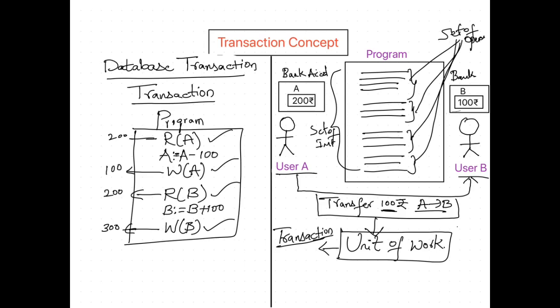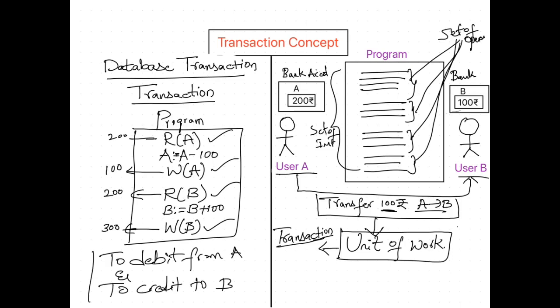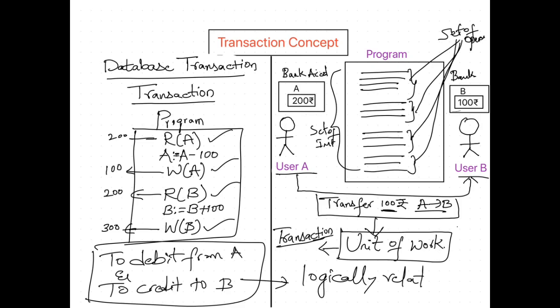First, debit from A, followed by credit to B. Based on this logic, operations are performed. That's why they are logically related operations, and these come under this particular program. The program is again a transaction.